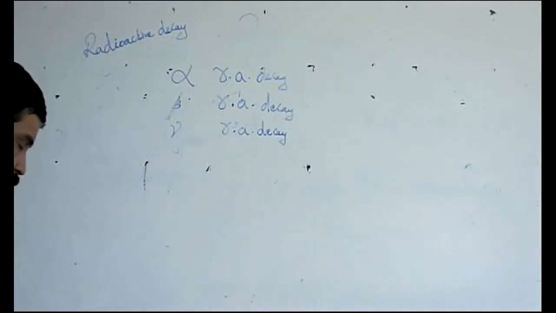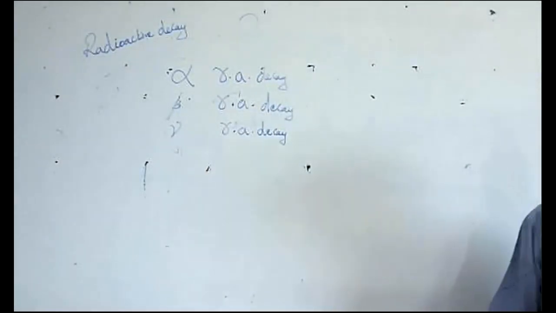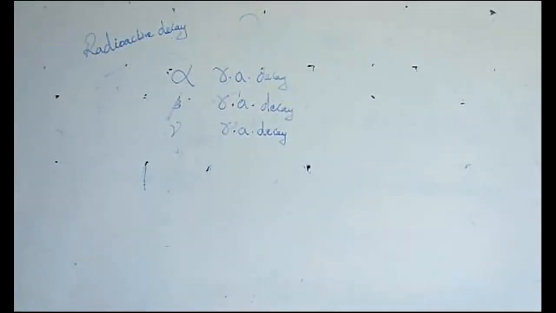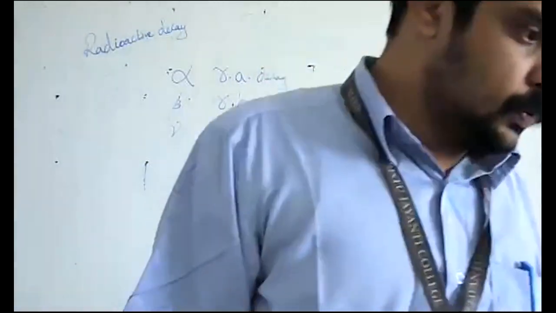These are the three different types of radioactive decay which we are going to study in detail. Alpha radioactive decay, beta radioactive decay, and gamma radioactive decay.